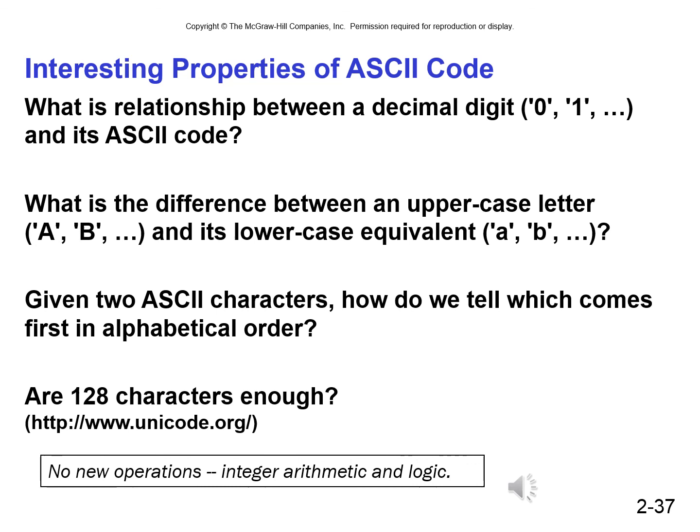Given two ASCII characters, how do we tell which comes first in alphabetical order? And then we get into modern day devices that needed more than 128 characters, and then the Unicode numbering system was developed. But for the sake of this course, we're going to focus primarily on ASCII.